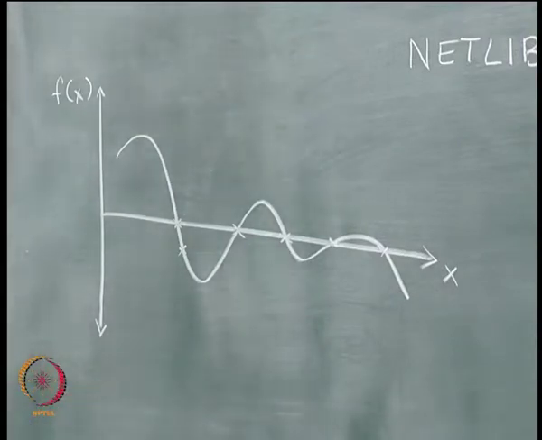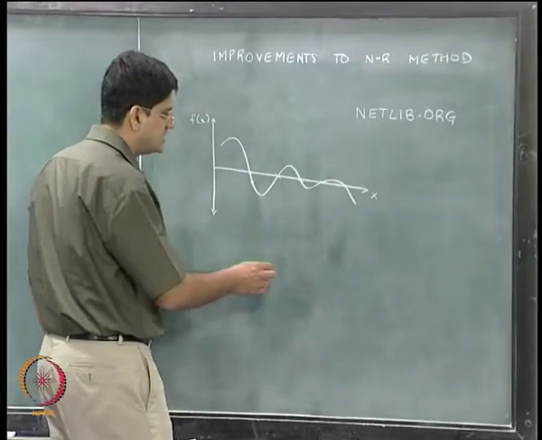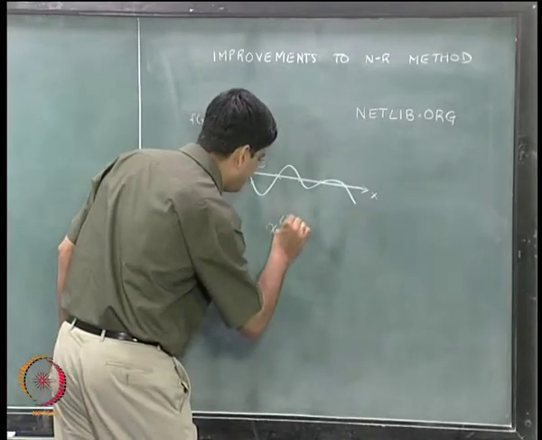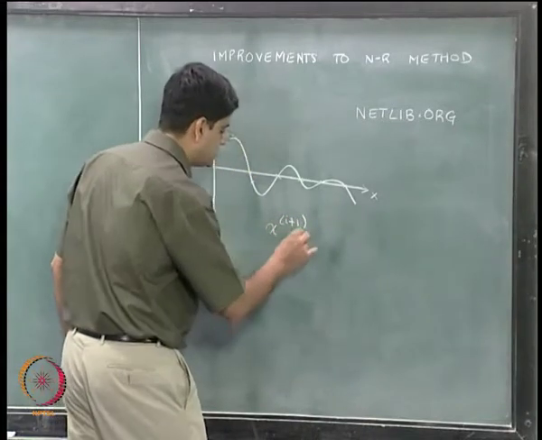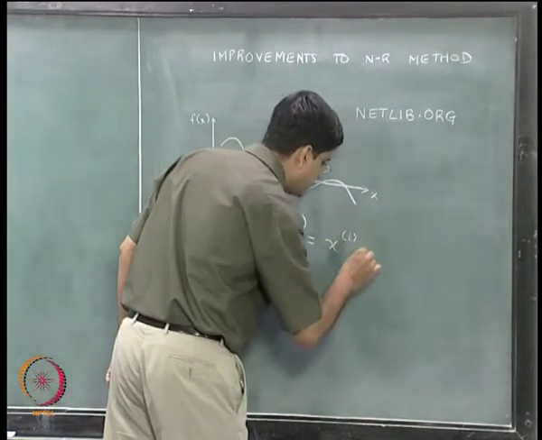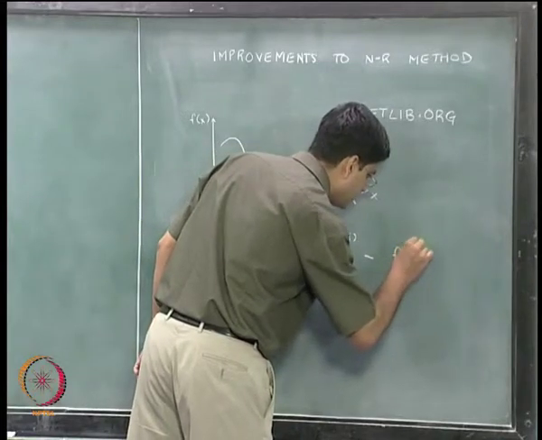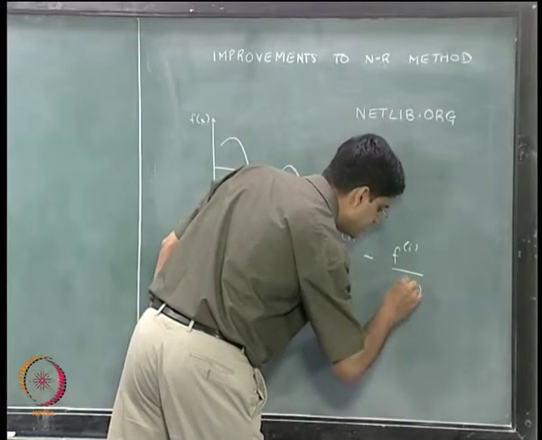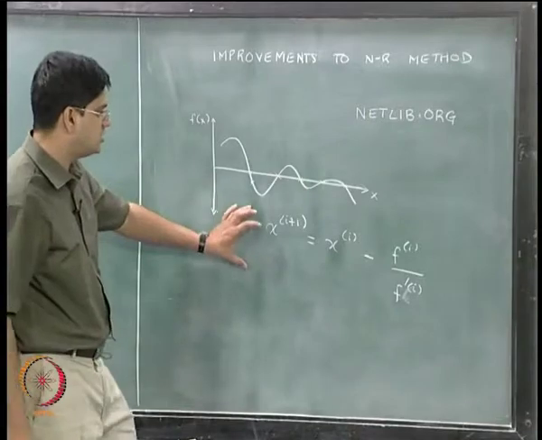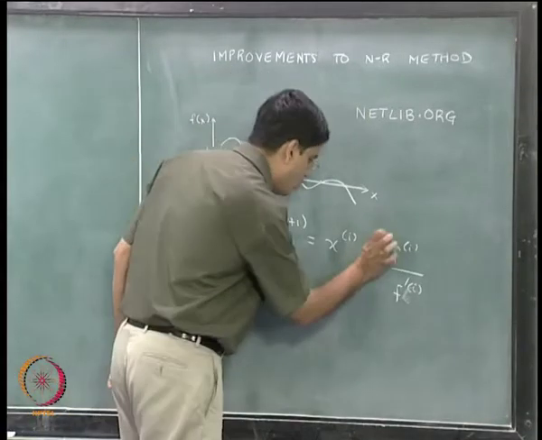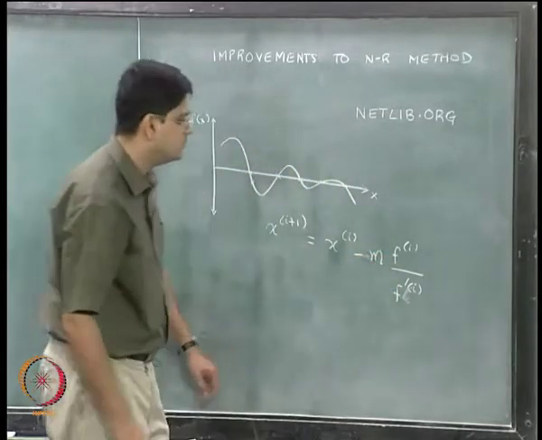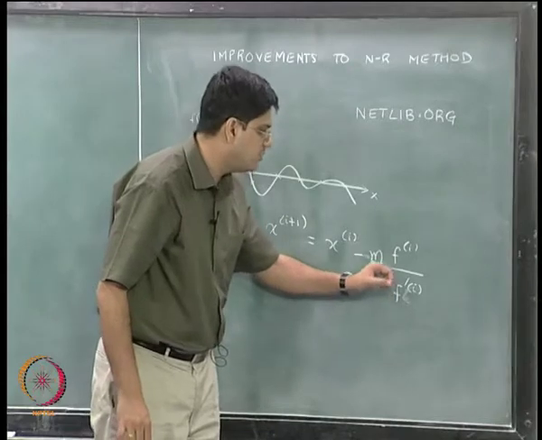So what researchers figured out in the late 1970s is the following. We have the equation x_{i+1} equals x_i minus f_i divided by f prime_i. This is the typical Newton-Raphson's method. A slight modification could be to multiply this term with some factor m.